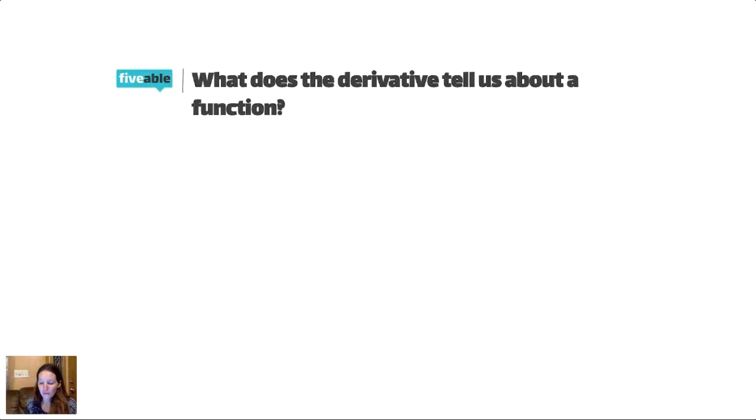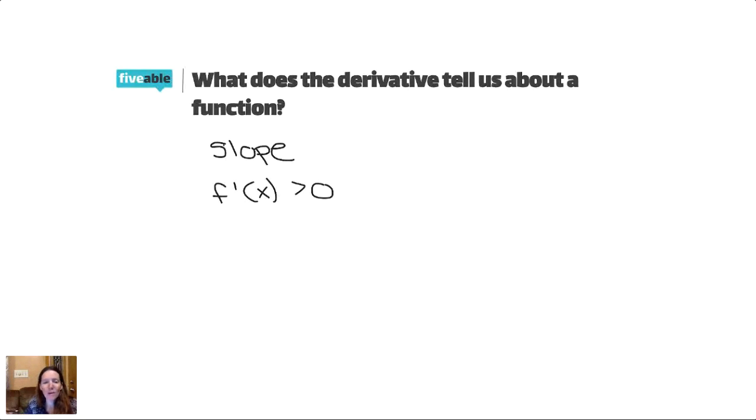So if the derivative is slope, okay, then it should make sense that if a function is increasing, right, then the derivative is going to have something important to tell us too, right? So if the derivative is greater than 0, that's a pretty good hint. That means the slope is positive, right? Greater than 0 means positive.